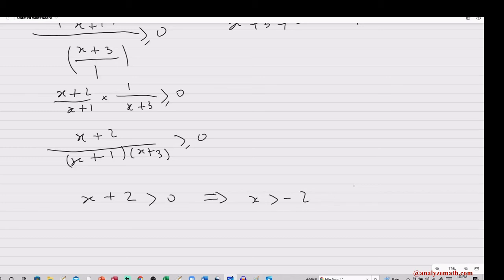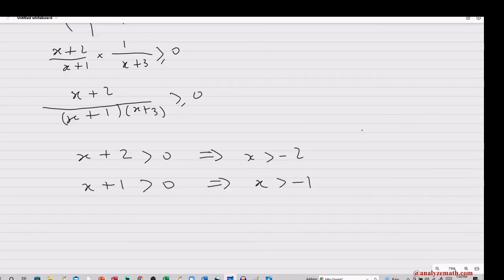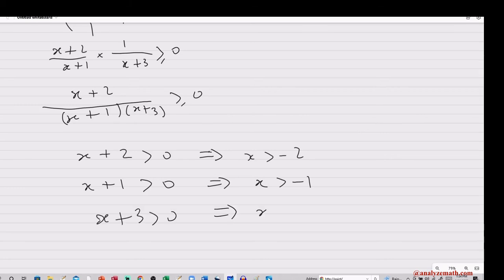X plus 1 is bigger than 0 when x is bigger than minus 1, and then the factor x plus 3 is bigger than 0 when x is bigger than minus 3.